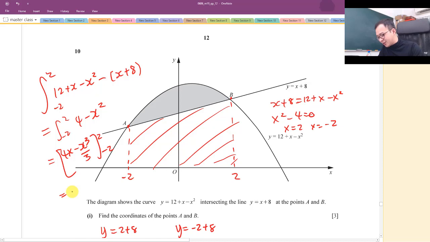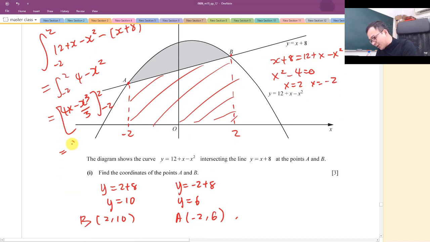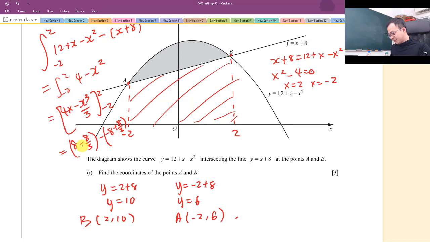This one is 8 minus 8 over 3, minus negative 8 plus 8 over 3. You realize they are both the same, so you can basically times your answer by 2 if you want to. But if you are not comfortable, you can just type everything together. So you get 32 over 3.